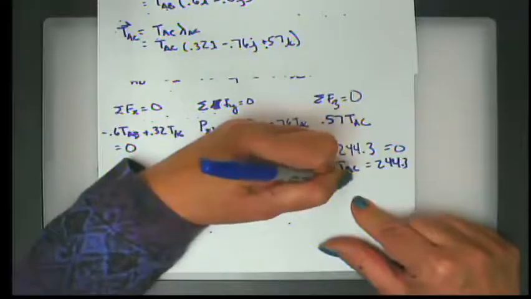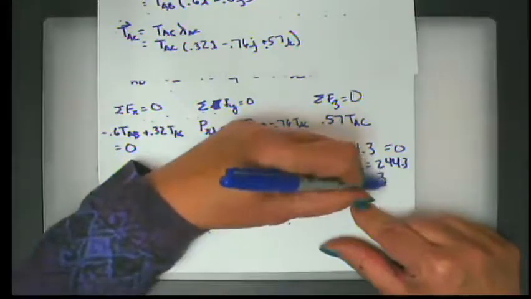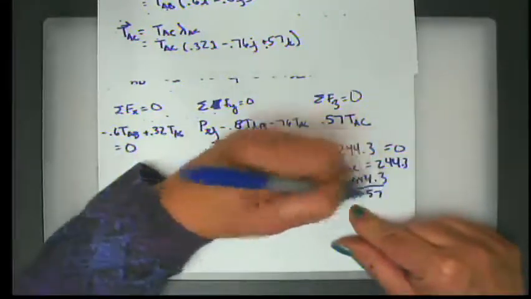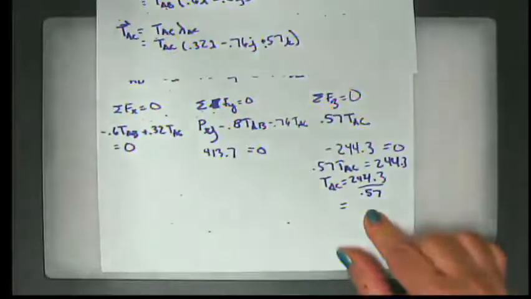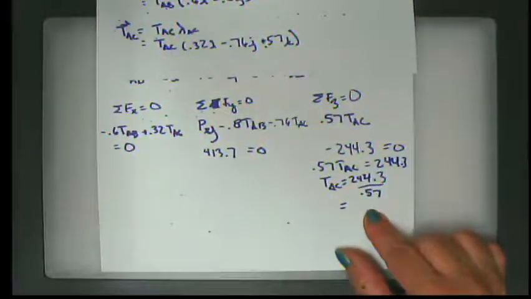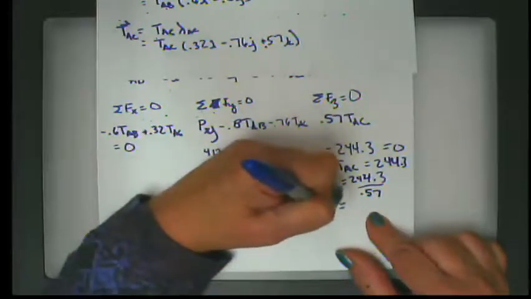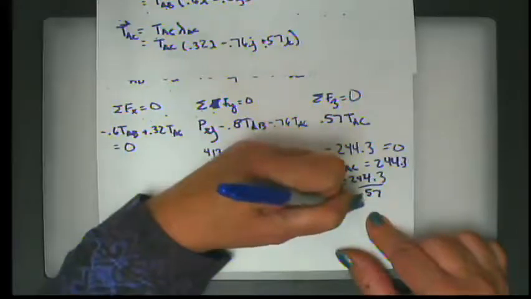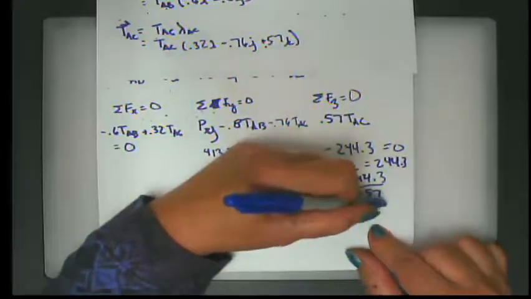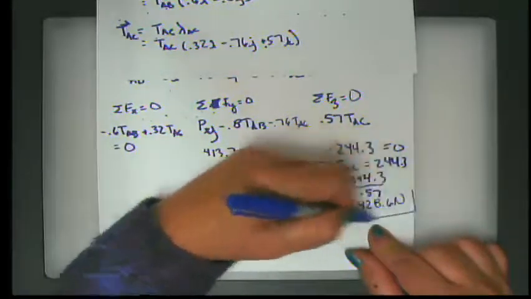TAC equals 244.3 divided by 0.57. And so I can instantly solve without doing any fancy substitution. I can just solve that, and I get the value of TAC is equal to 428.6 newtons.